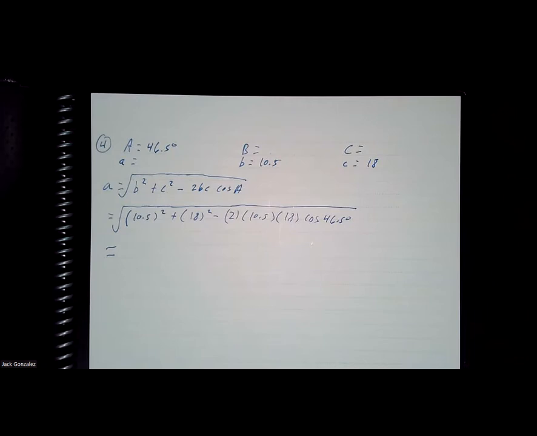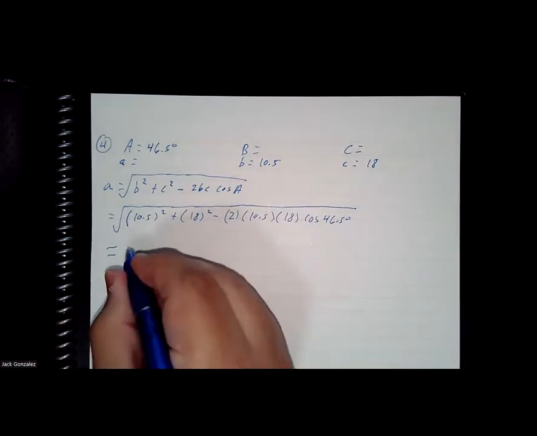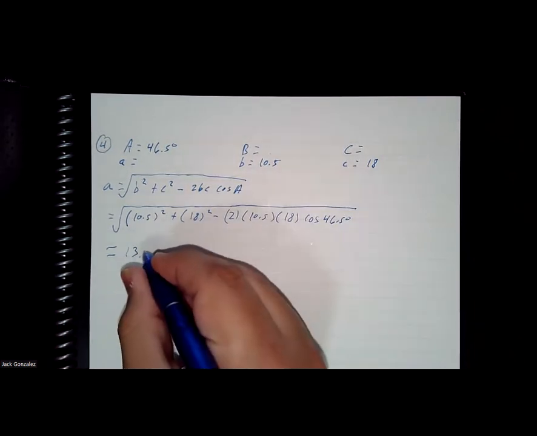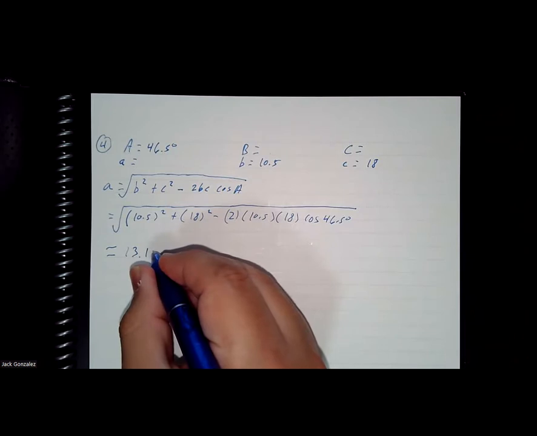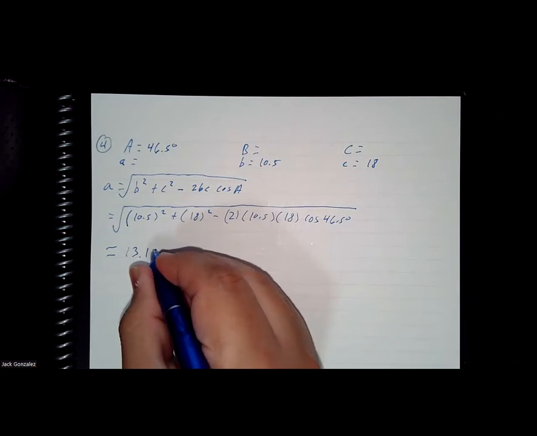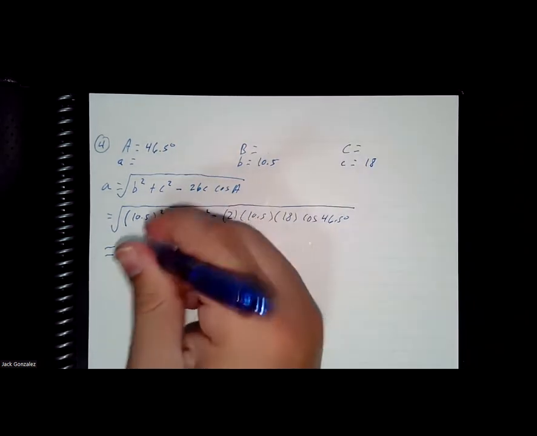So just plug that in, and you should get side a to be 13.192. We'll round to 1 decimal place.